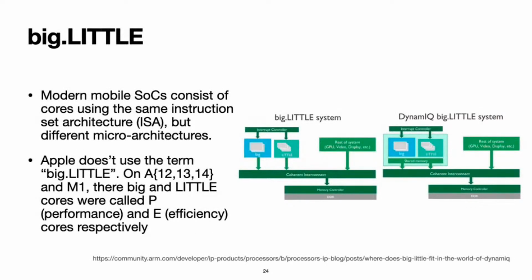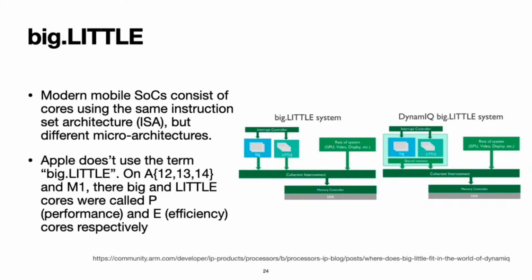For those who don't know, modern mobile SoCs consist of cores using the same instruction set architecture, but implemented with different microarchitectures. Those cores deliver different performance and have different power characteristics. This is called big.LITTLE because there were two clusters of cores. The bigger cluster was for performance, and the little cluster was for energy efficiency.